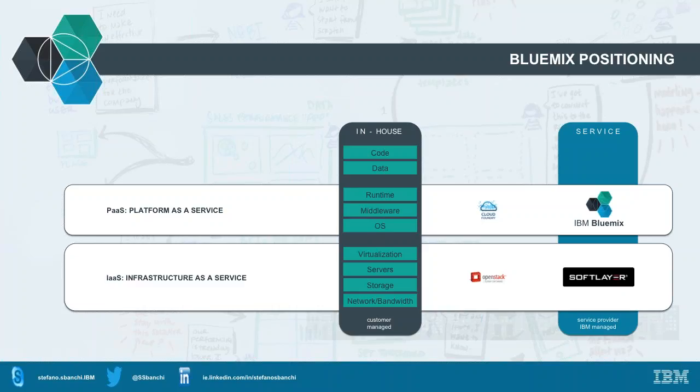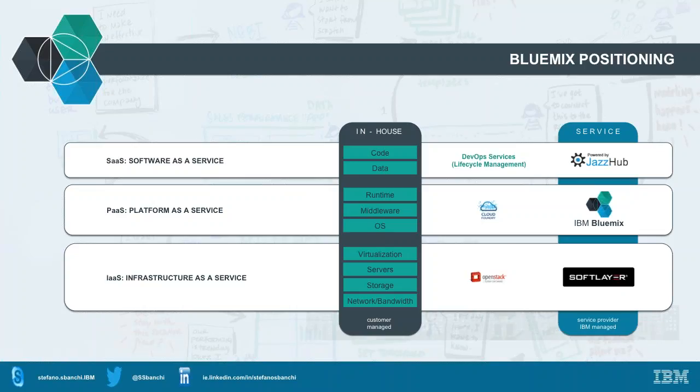Obviously, it depends from the organization side and the IT requirement. In terms of IBM offer, organization can use SoftLayer for the infrastructure, or Bluemix on top of the infrastructure for the platform as a service layer. And from the software as a service layer on top of Bluemix, you can use a lot of DevOps services for managing the lifecycle management for continuous integration and continuous delivery of your project.